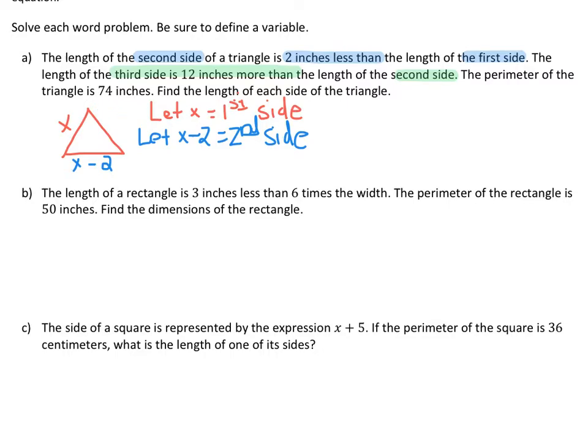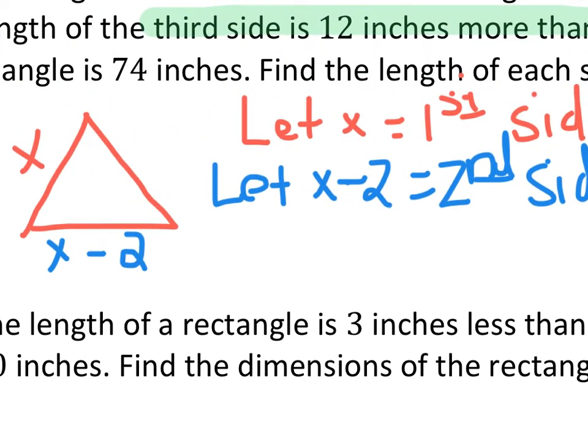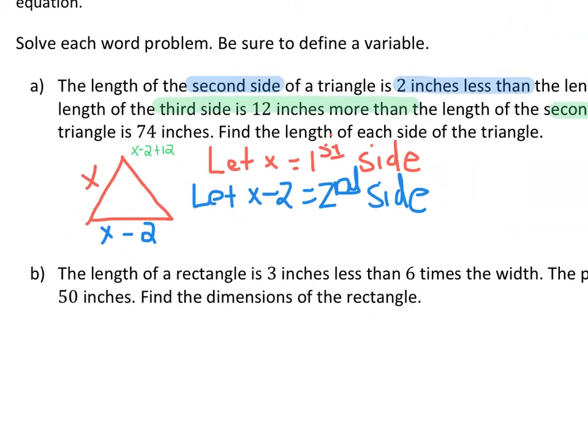Let me zoom in a bit. So we have our x minus 2, which is our second side, and we have 12 inches on top of that. Okay, so it's really x minus 2 plus 12 is our third side. So let x minus 2 plus 12 equal third side.